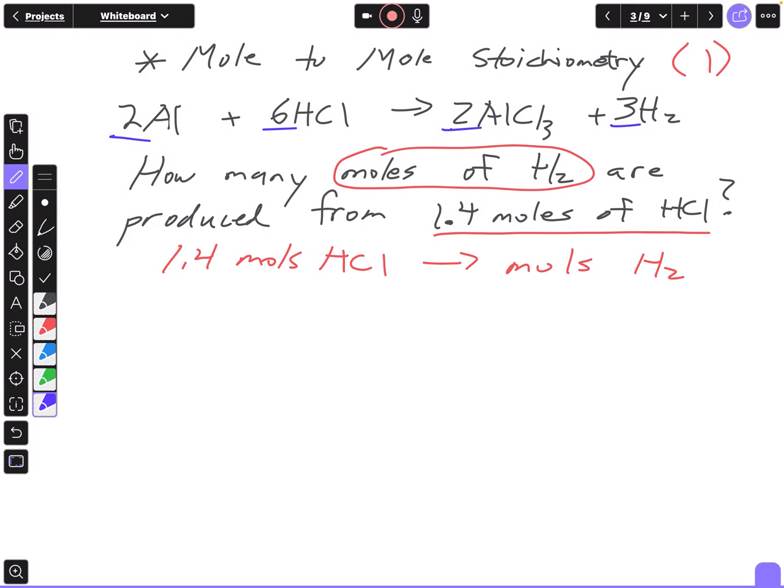So my balanced equation tells me that whenever 6 moles of HCl react, I get 3 moles of H2. All right, it's a 6-to-3 ratio, which is also a 2-to-1.